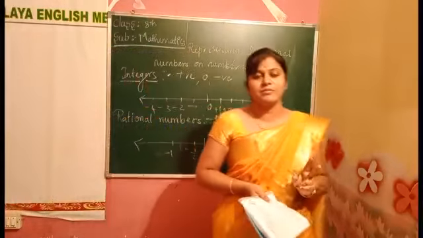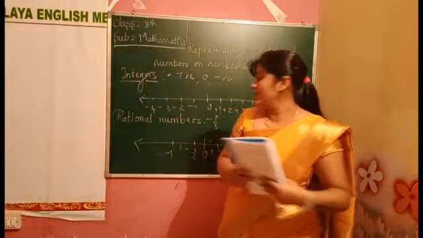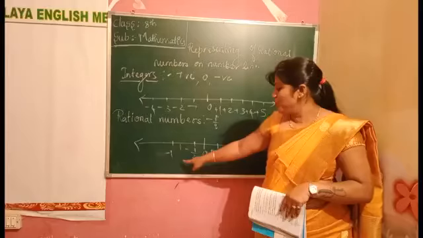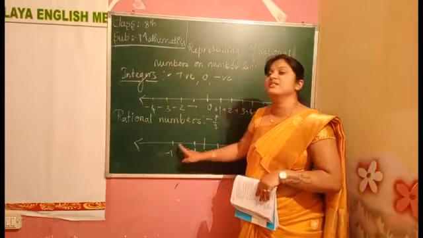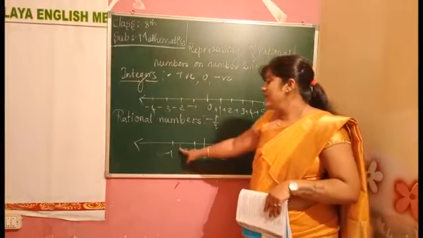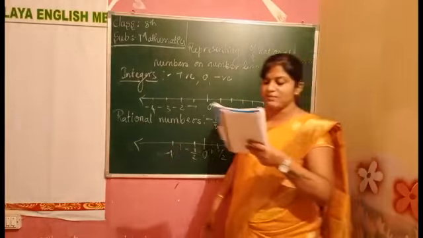Finding the rational number when they give, like I told you just now, two numbers, minus 1 and minus 1 by 2, finding the in between rational numbers, we'll see about it.